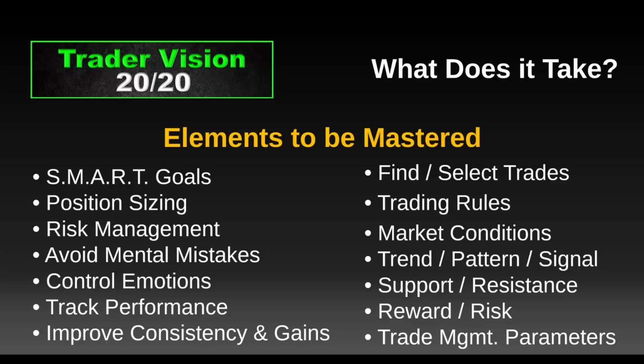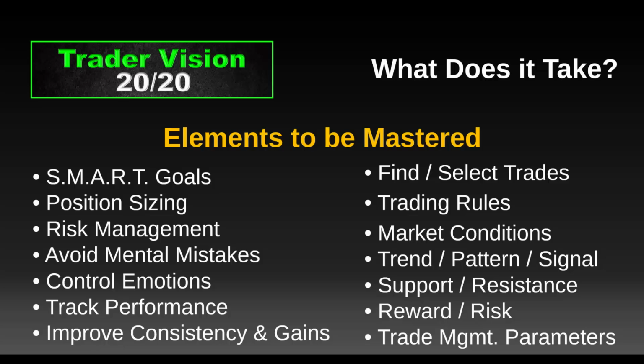So what are some of the elements that we need to master if we're going to have consistent success as a trader? Well, I would argue you need to have good goals, as we talked about. You've got to consider position sizing. You've got to think about risk management. You've got to identify and avoid mental mistakes that you make, because we're all human and we make them. We need to control our emotions, have a way to do that. We need to track our performance and improve our consistency and improve our gains.